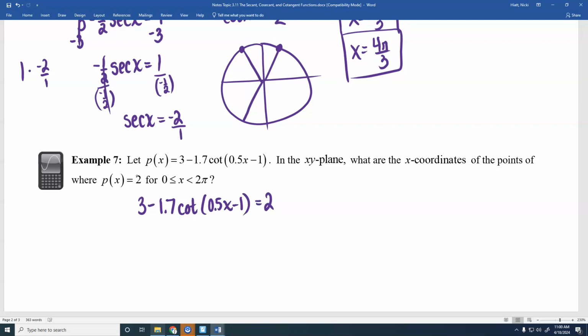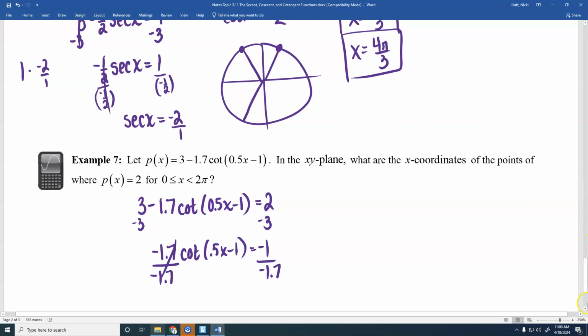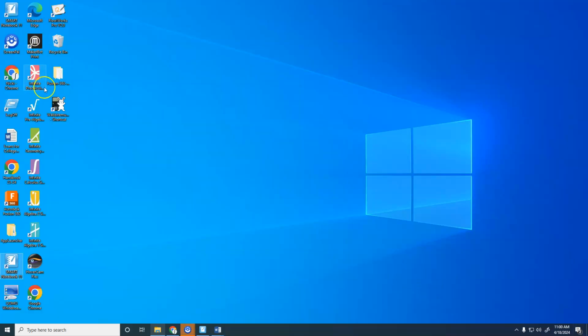And so we would start by just subtracting that 3. And so we'll get negative 1.7 cotangent of 0.5 x minus 1 equals negative 1. And then we would need to divide by that negative 1.7. And let me grab my calculator here.